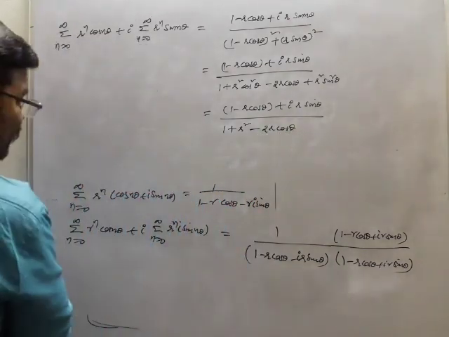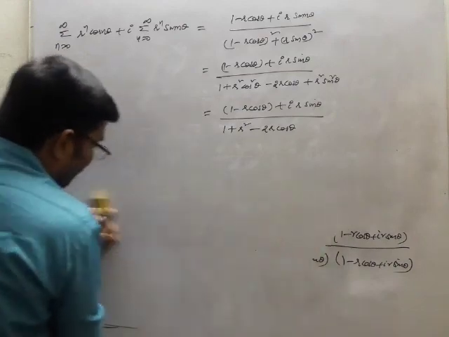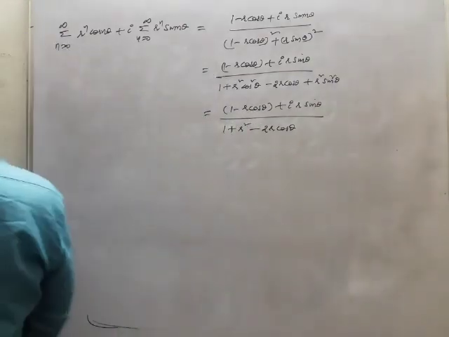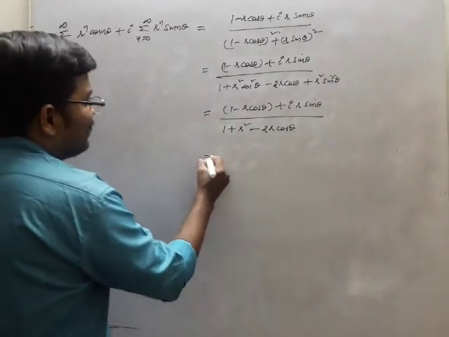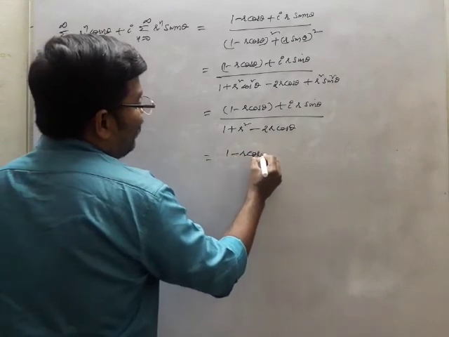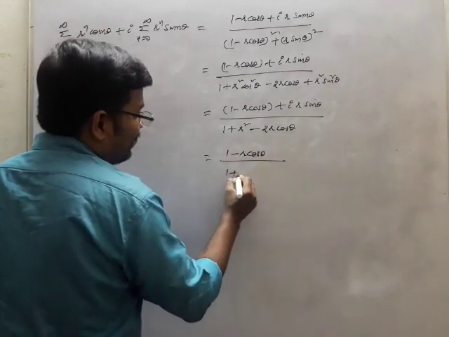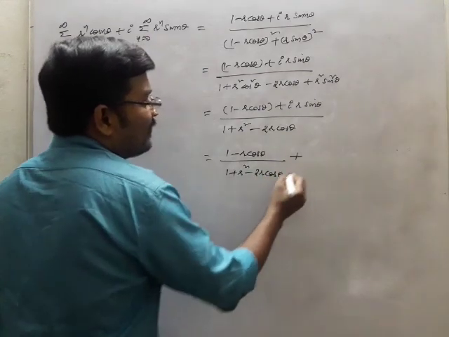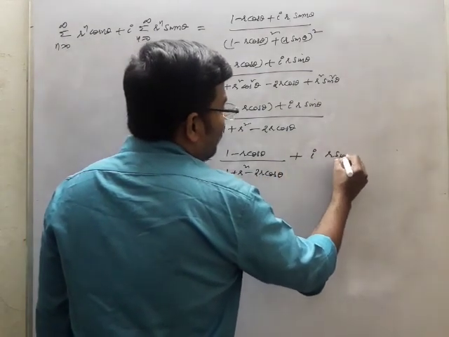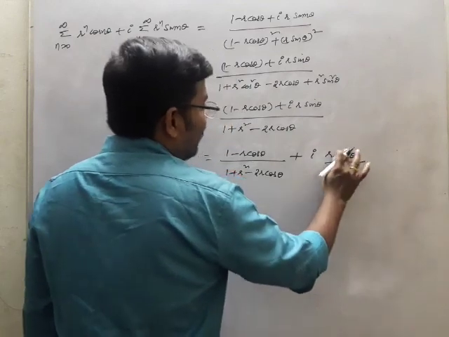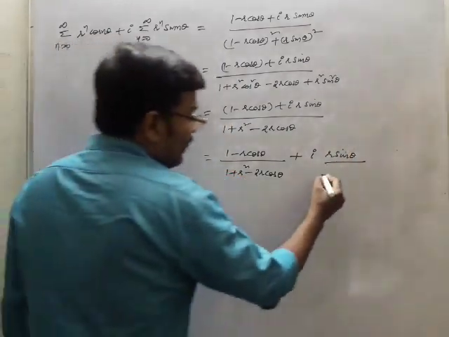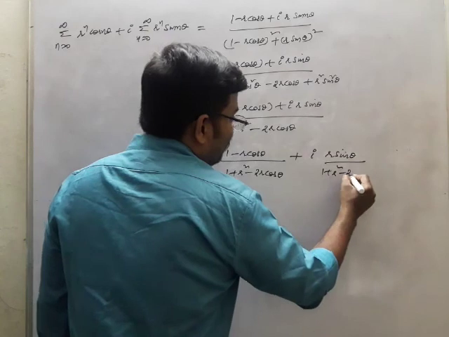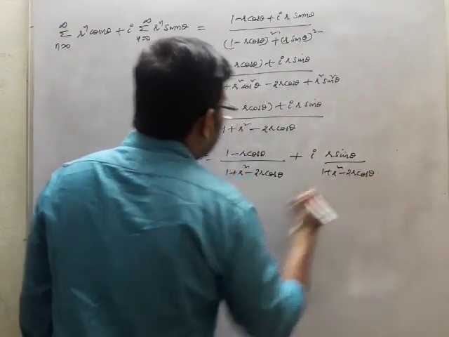So if you separate the real and the imaginary parts, you will be getting it in this form: (1 − r cos θ) by (1 + r² − 2r cos θ) plus i into r sin θ by (1 + r² − 2r cos θ).